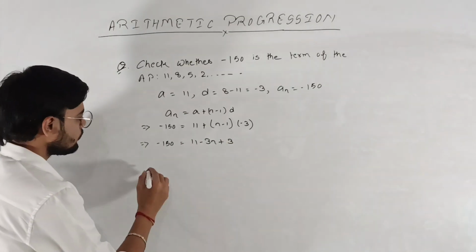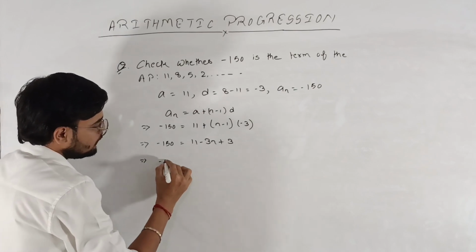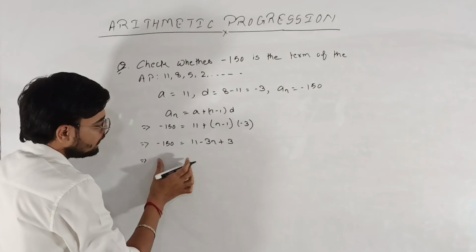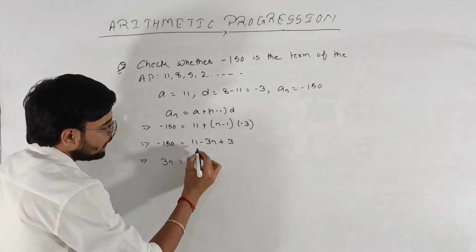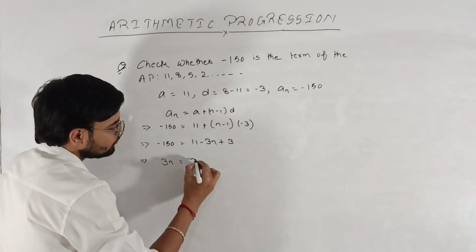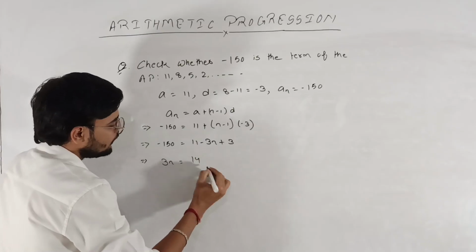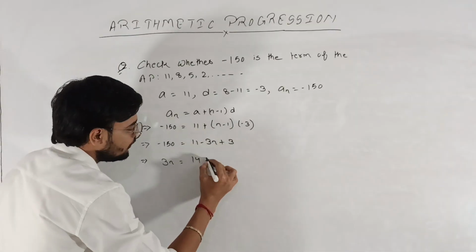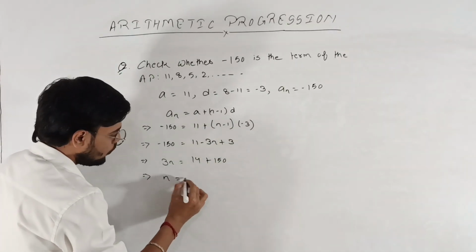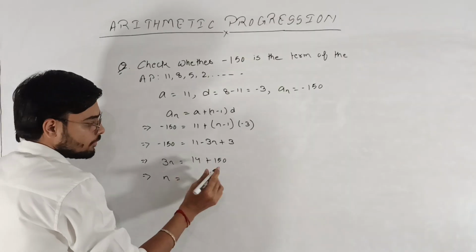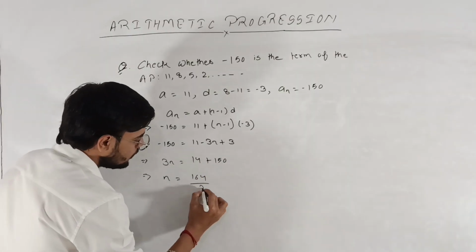Okay, now calculate this one. Minus 3n, when this minus 3n goes this side, it becomes 3n is equal to 11 plus 3, which is 14. Okay, 11 plus 3 is 14, and this minus 150 goes this side and becomes plus 150. Now from here n is equal to what? 150 plus 14, which is 164 upon 3.